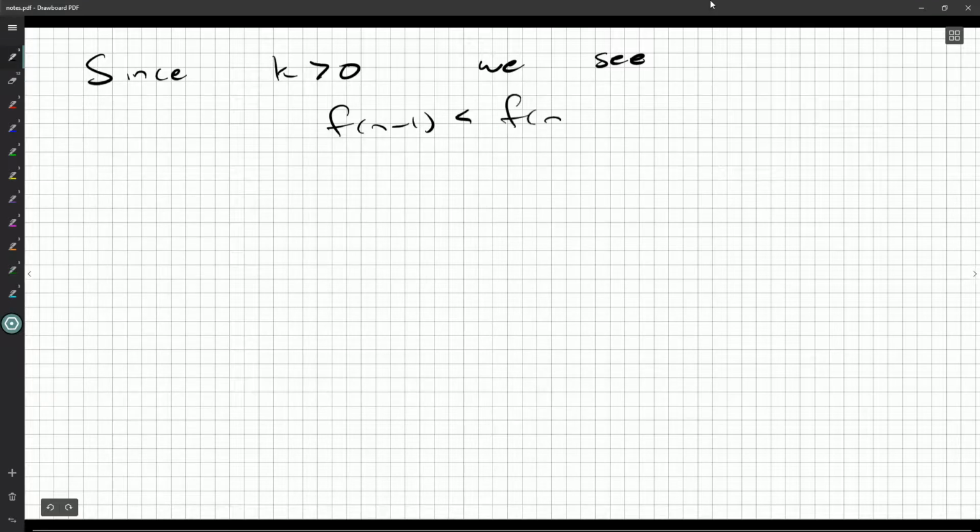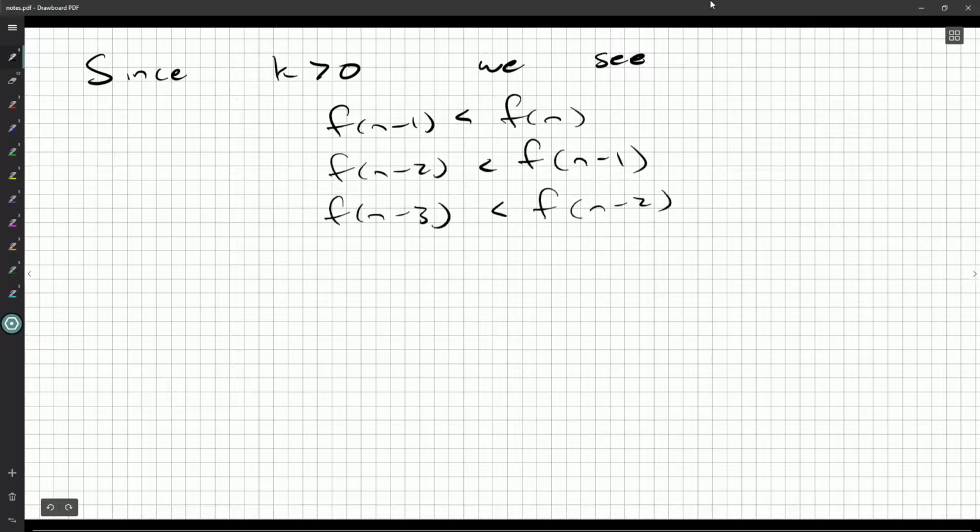So then, since k is positive, we see that f of n minus 1 must be less than f of n, and f of n minus 2 must be less than f of n minus 1. And so f of n minus 3 must be less than f of n minus 2, and so on. And we get this nice little chain.